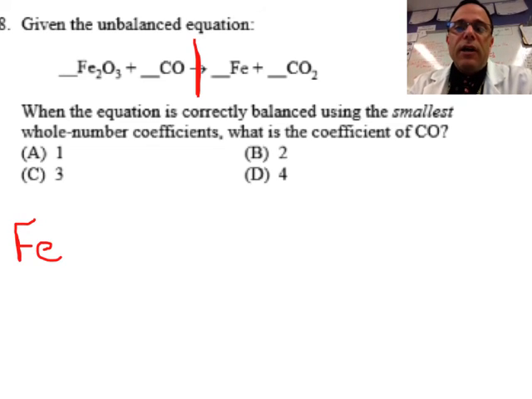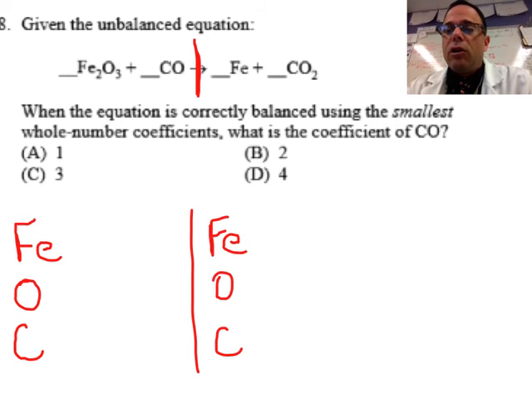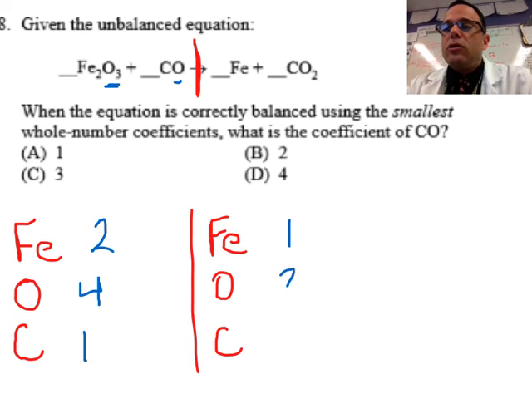So on the left side, we have irons, oxygens, and carbons. On the right side, we have irons, oxygens, and carbons. Now, how many of each? On the left, we have 2 moles of iron, a combined 4 moles of oxygen, and 1 mole of carbon. On the right, we have 1 mole of iron, 2 moles of oxygen, and 1 mole of carbon.